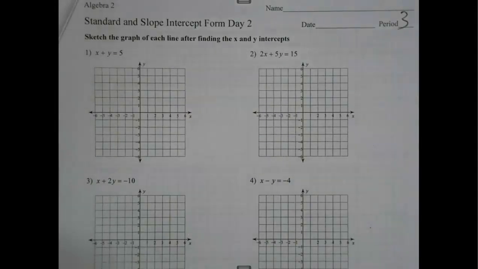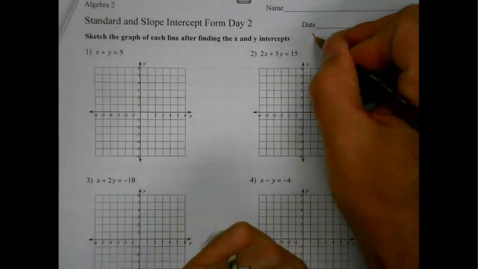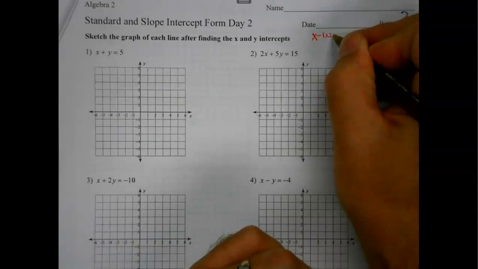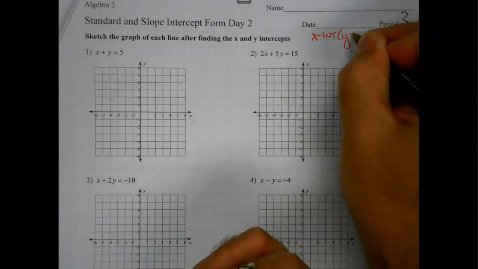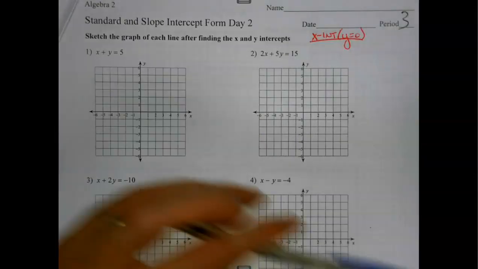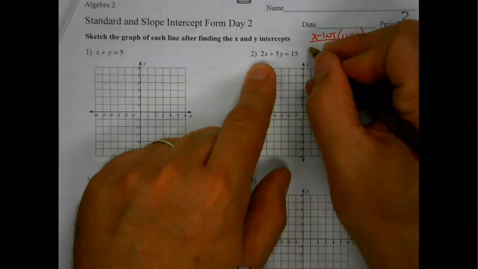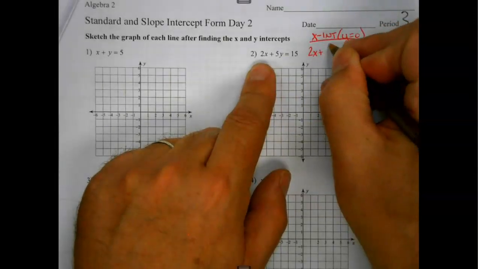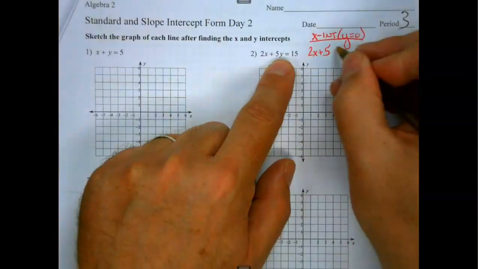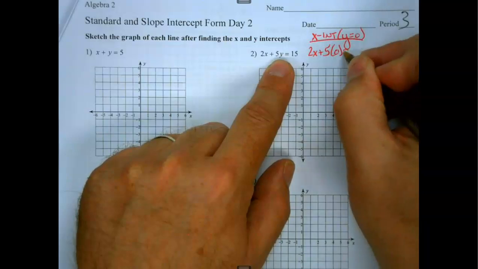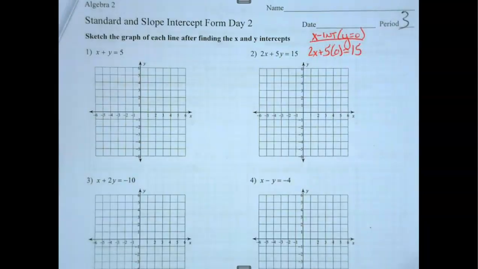So if I come over here and I'm looking for my x-intercept, that occurs when y equals 0. So I start to write this equation, and when I get to the variable y, I replace it with 0.